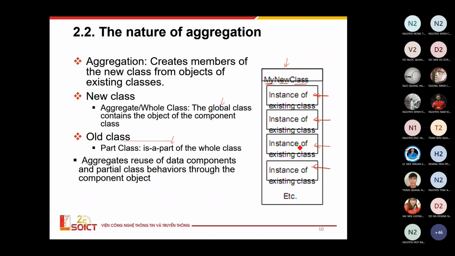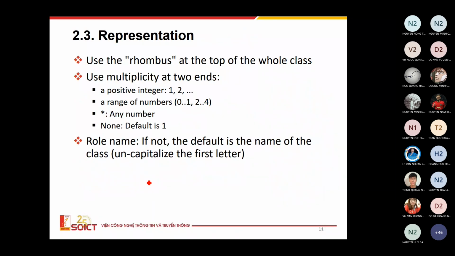Okay, and the reuse of that data component or the partial class behavior can be executed through the component object. And here the way to represent the relation of the aggregation is to use the rhombus symbol at the top of the whole class.